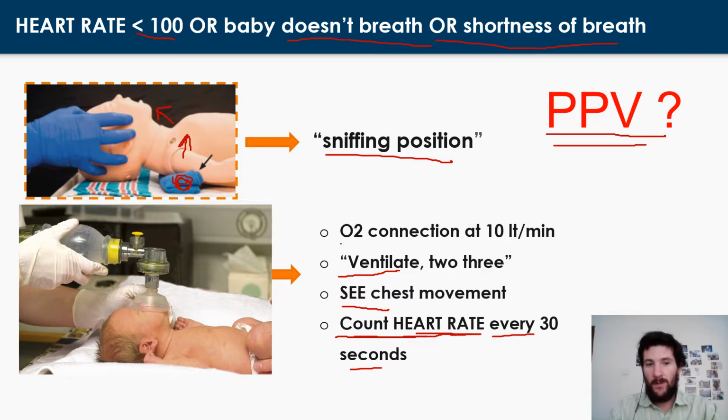So when we give the positive pressure ventilations, we give help. We help a little bit to open the lungs, and that will start all the adaptation process that I told you in the beginning about the closure of the shunts, about the circulation and the increase of oxygen concentration in the blood. So that will help the baby to start by himself, like the adaptation process. Okay?